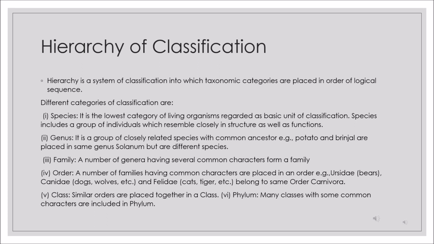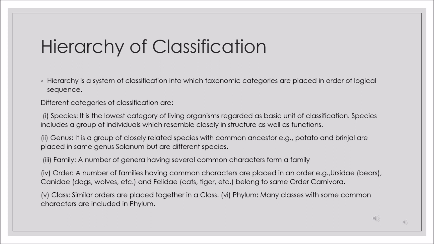Those different categories we are going to see now. The first one is species. Species is the lowest category of living organisms, and it is the most basic unit of classification. Species includes a group of similar individuals. They will be similar in structure as well as function.